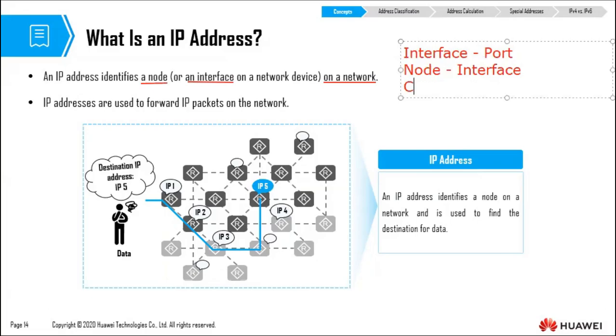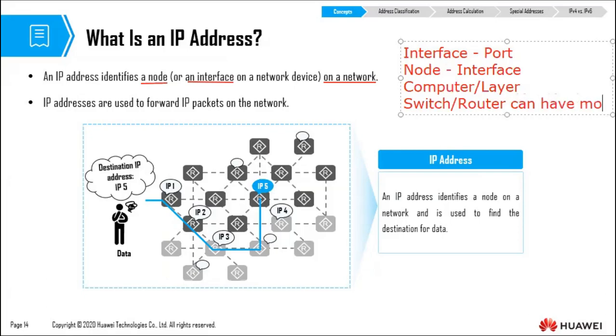Because a computer or a layer 3 switch or a router can have more than one interface or ports. Is that clear?